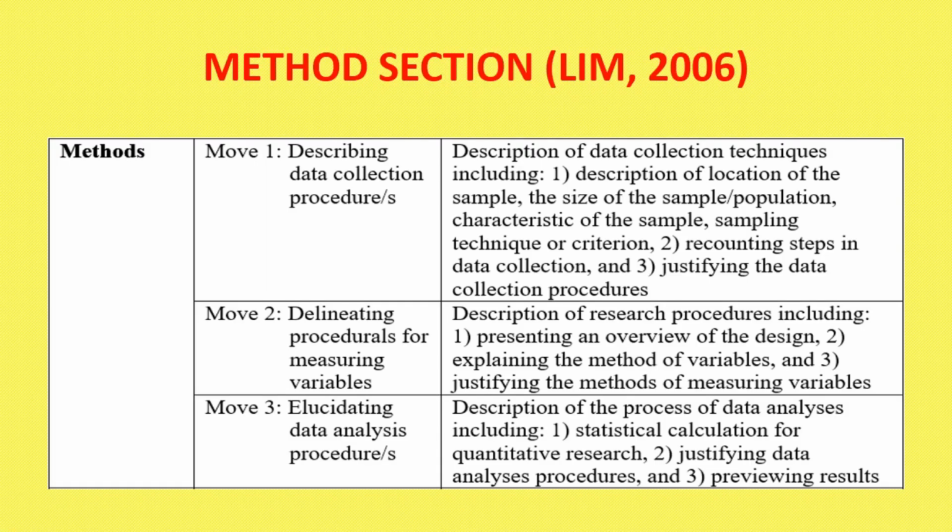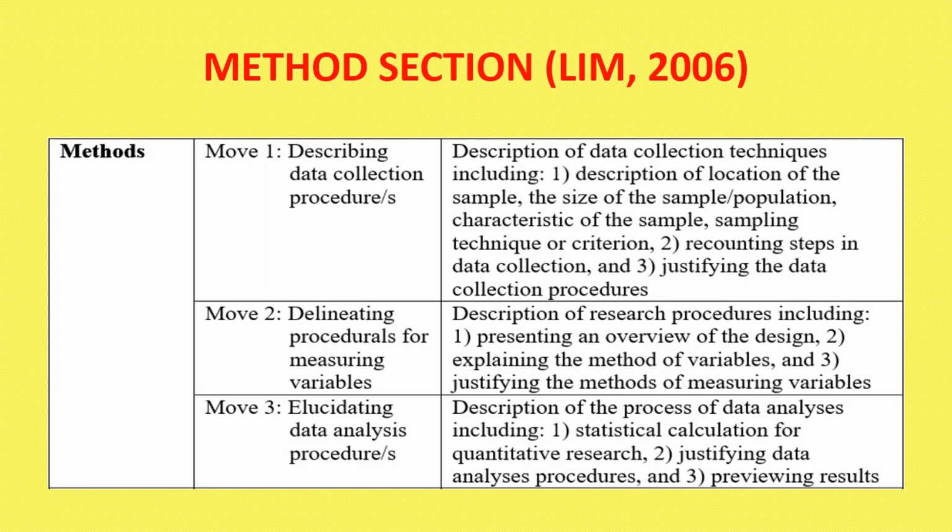So the method section doesn't only describe or tell readers how we did our study, but also justifies. We have to give reasons. Why did we use a particular technique of data collection, for example? And in move two, there are also 3 steps. Number one is presenting an overview of the design.